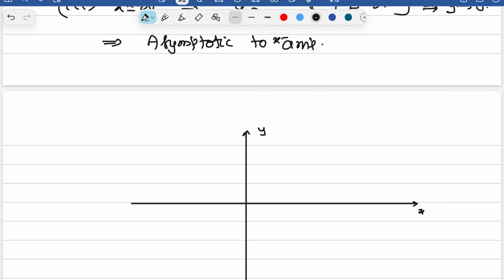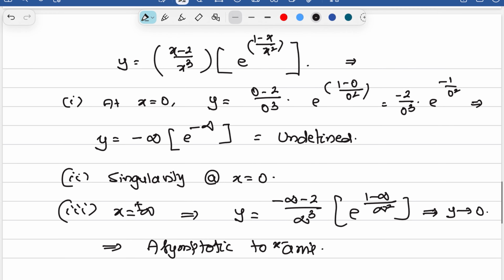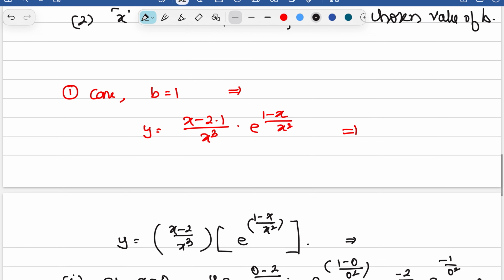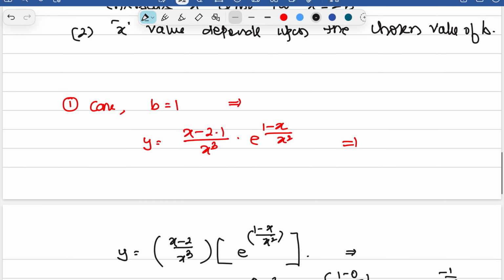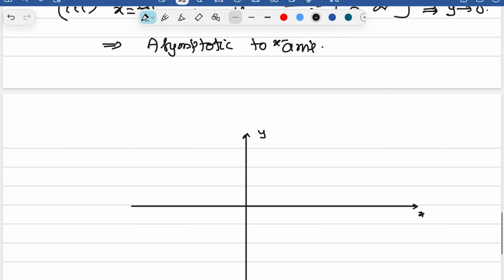That means it is asymptotic. And it crosses the x axis at x is equal to 2b. What is b is equal to 1 means? x is equal to 2b means x is equal to 2. At x is equal to 2, it crosses the x axis.